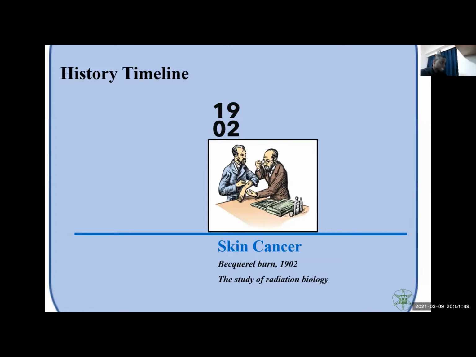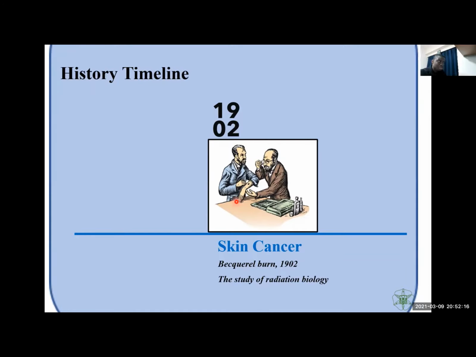The first recorded biological effect of radiation was reported, and this was actually because Becquerel left a radium container in his pocket. And as you can see from the slide, this is Pierre Curie, the husband of Marie, who repeated the same experiment on himself to see if Becquerel's experiment was true. And he placed a radium source on his hand and later recorded a skin ulceration.